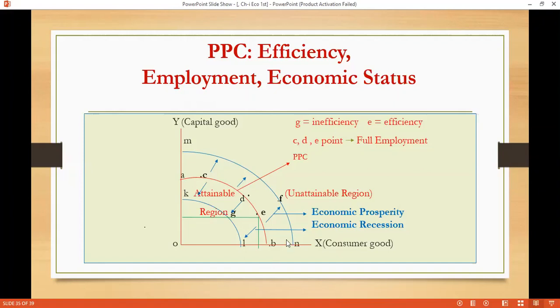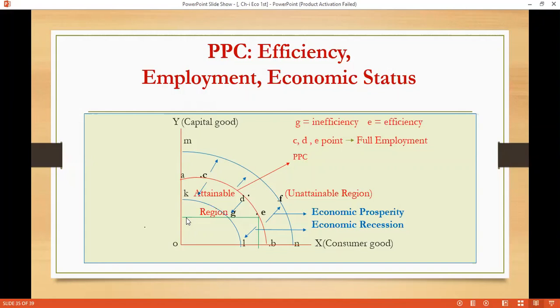That means the country has got economic prosperity. How? Suppose more resources have been discovered in their country, or the manpower has become more trained and efficient, or more foreign investment has come, so capital increased. In this way, when there is economic prosperity, a country can reach the upper PPC.